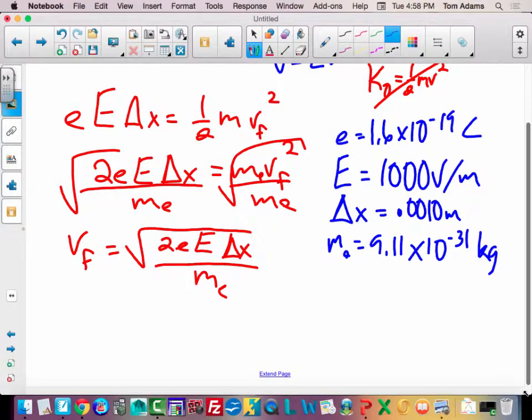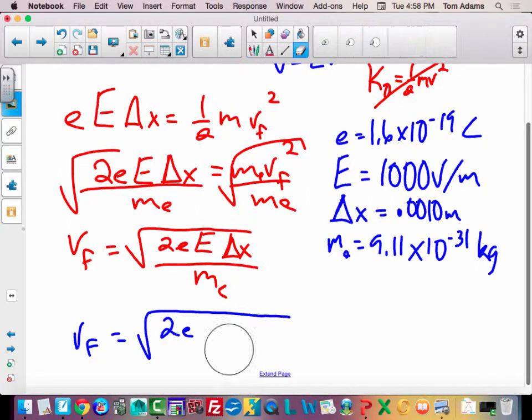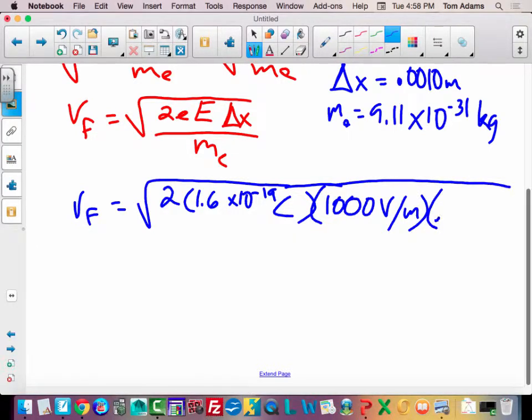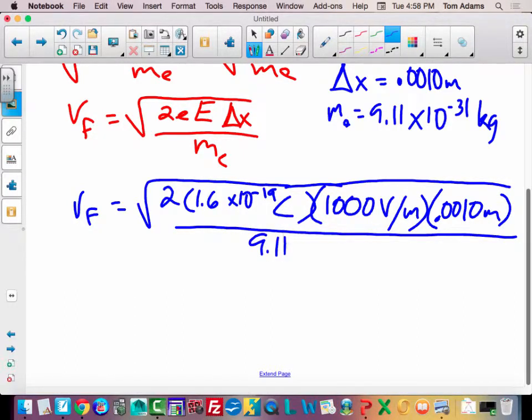Whew. All right, so let's plug all that in. The final velocity then is equal to the square root of 2 times 1.6 times 10 to the negative 19 coulombs, times the electric field, which is 1,000 volts per meter, times the displacement, which is 0.0010 meters, all over the mass of the electron, which is 9.11 times 10 to the negative 31.